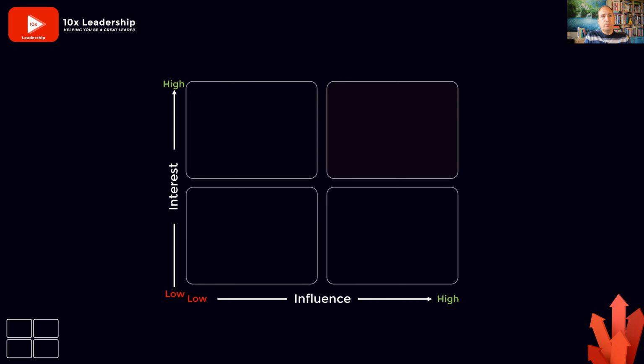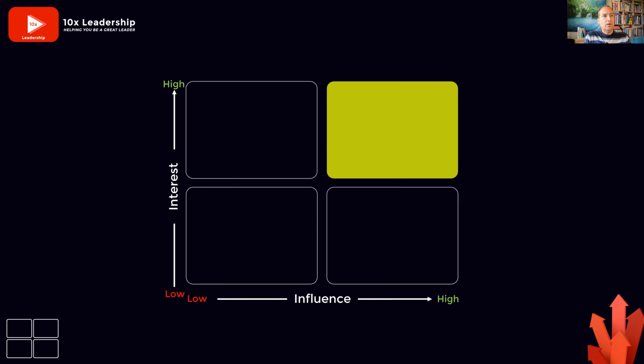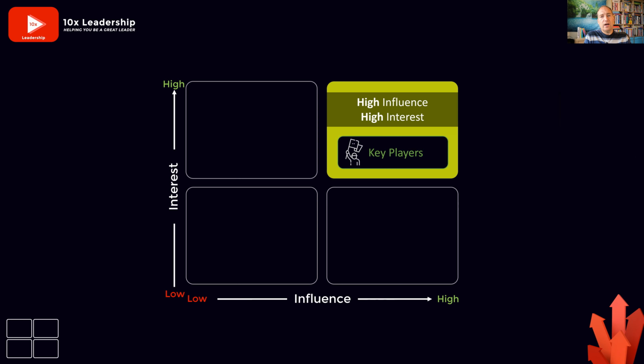So the first box, this is the high influence, high interest space, as you can see from the axes there. And these people are your key players. I've done a little icon there of, for me, this is typically your key supporters. Those who are flying the flag for you and your project.